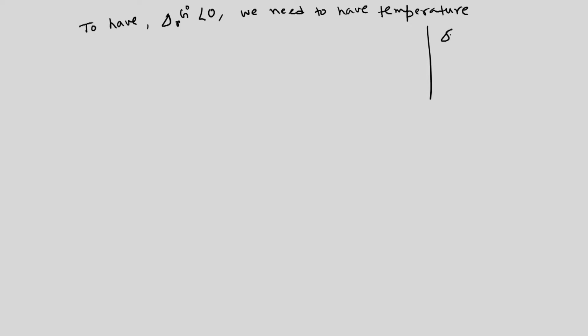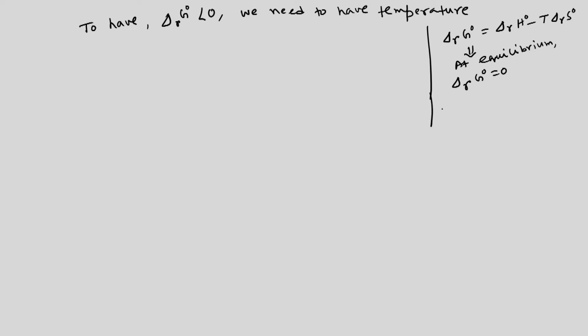Because delta G naught is delta H naught R minus T delta S naught R. So at equilibrium, delta G naught R is 0.